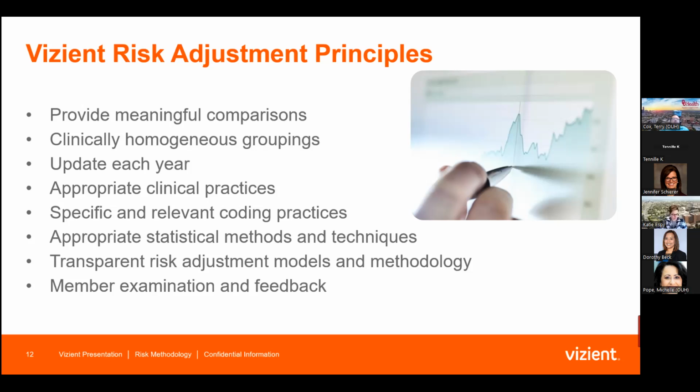We don't look at your EMR, we don't look at your orders, we look at your billing and coding. So we update our risk model every year to make sure it reflects the current hospital membership. And our goal is to encourage appropriate clinical and relevant coding practices.